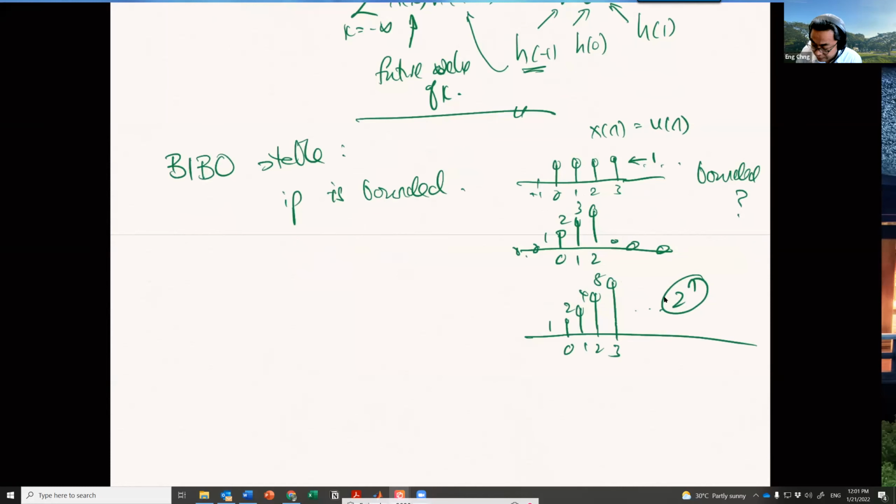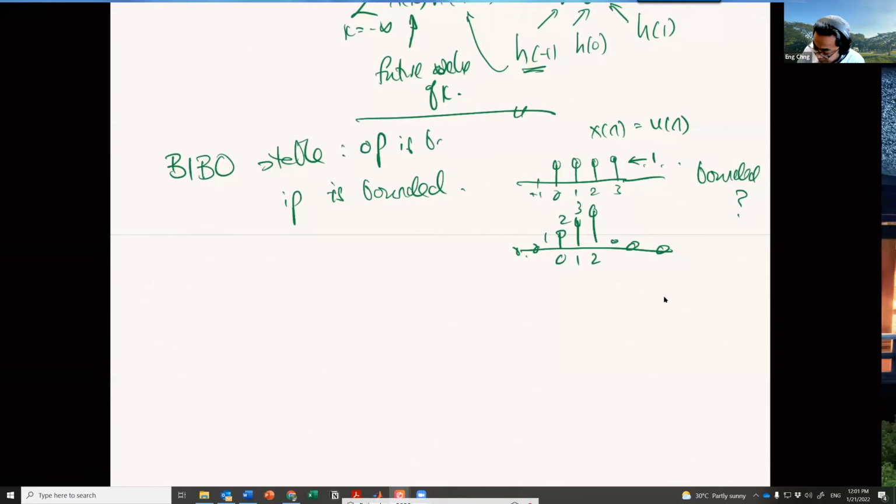We are only studying the case when the input is bounded, and we want to see whether the output is bounded or not. And if it is, then we call the system bounded-input, bounded-output stable. It is stable. We want to design systems that are stable. All right. Without telling you the proof, I will now give the criteria.